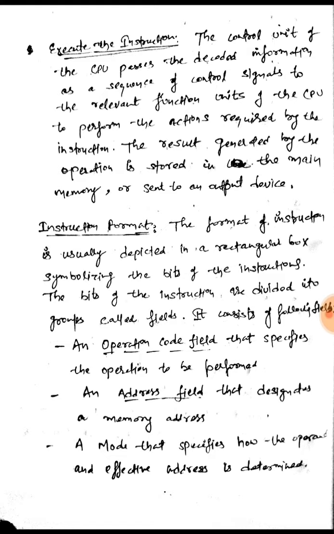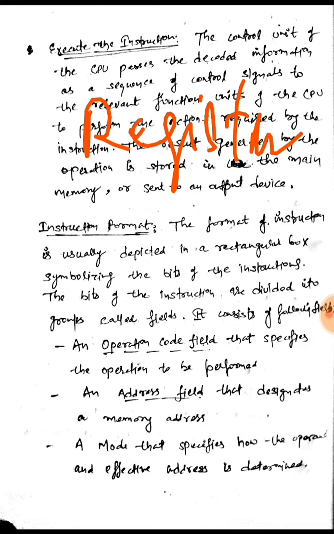If we are fetching our data from a register, then a smaller number of bits will be required in the instruction. Or if we are fetching the data from the main memory, as the memory is a very huge space, to denote any memory location we will require a large number of bits.